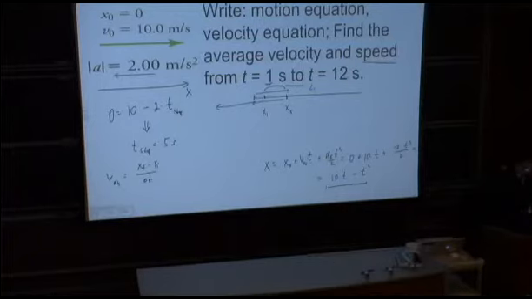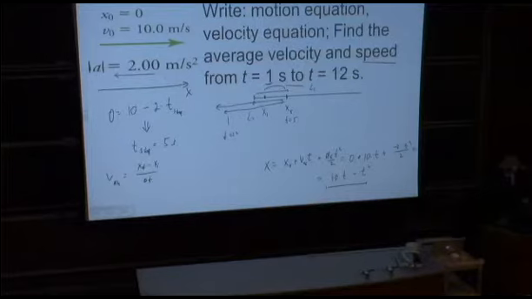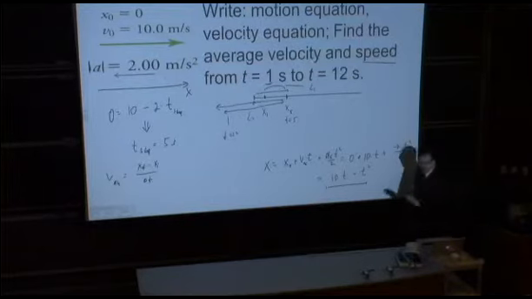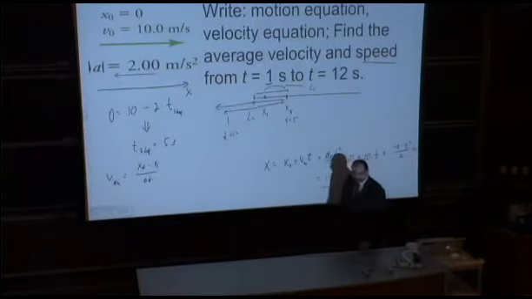And then from t equals 5 to t equals 12, it travels back. And that will be the new distance traveled. We can call it L2. Any questions on that? If we know what's happening, we know what to do mathematically.